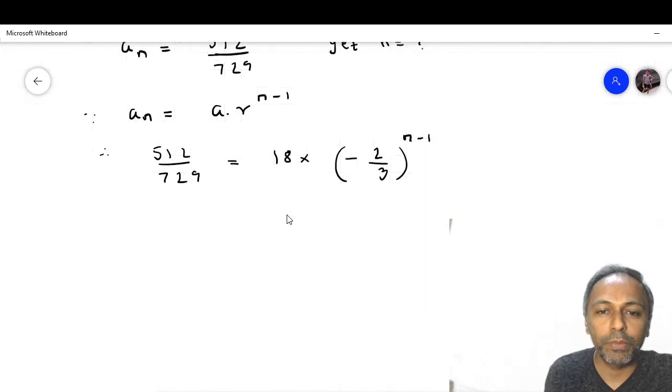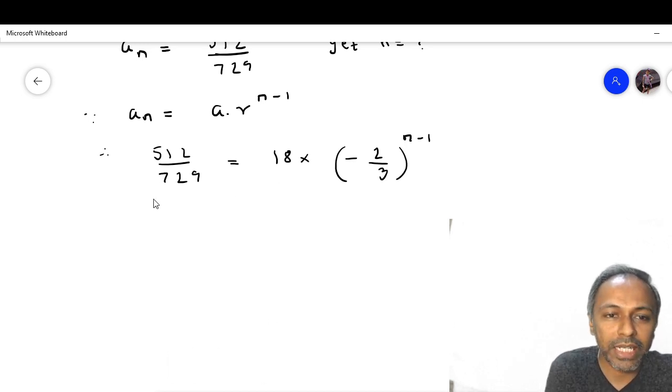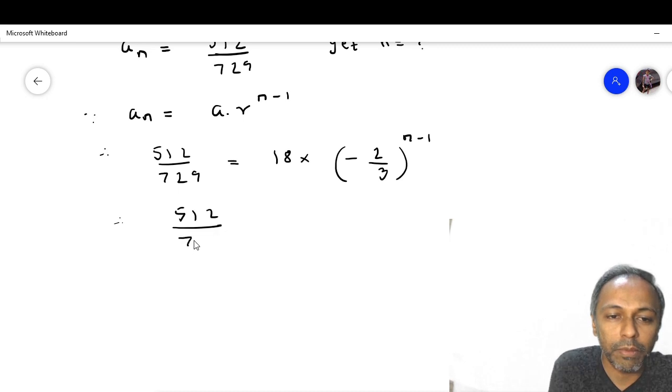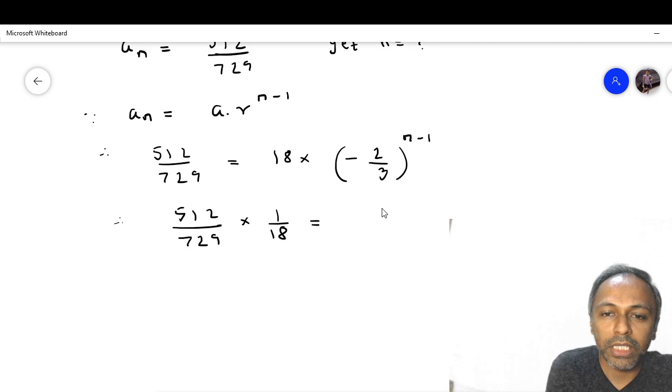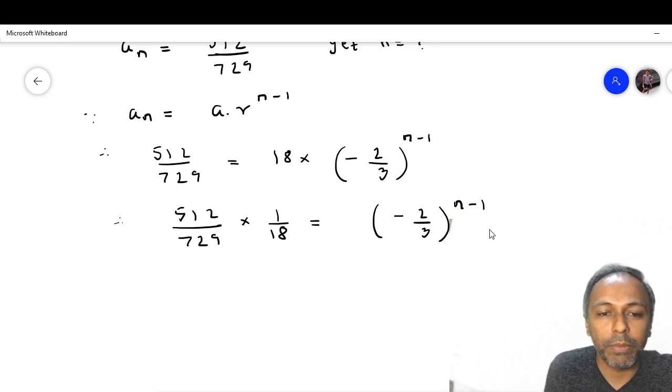Our whole objective is to get n. We can divide by 2, or okay, let's not do that. Let's take 18 here first. Let's write step by step. So it will become 512 upon 729 into 1 upon 18 is equal to minus 2 upon 3 raised to n minus 1. Let's cancel out.